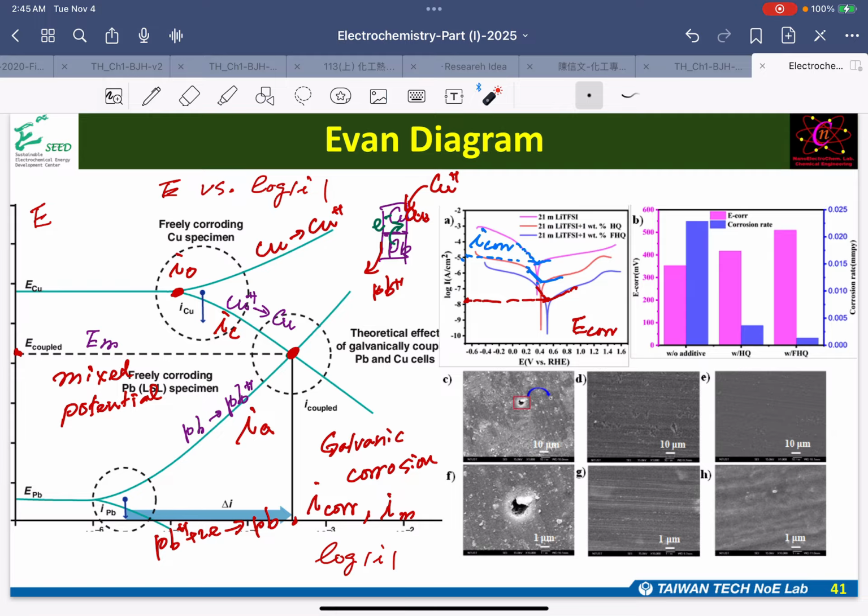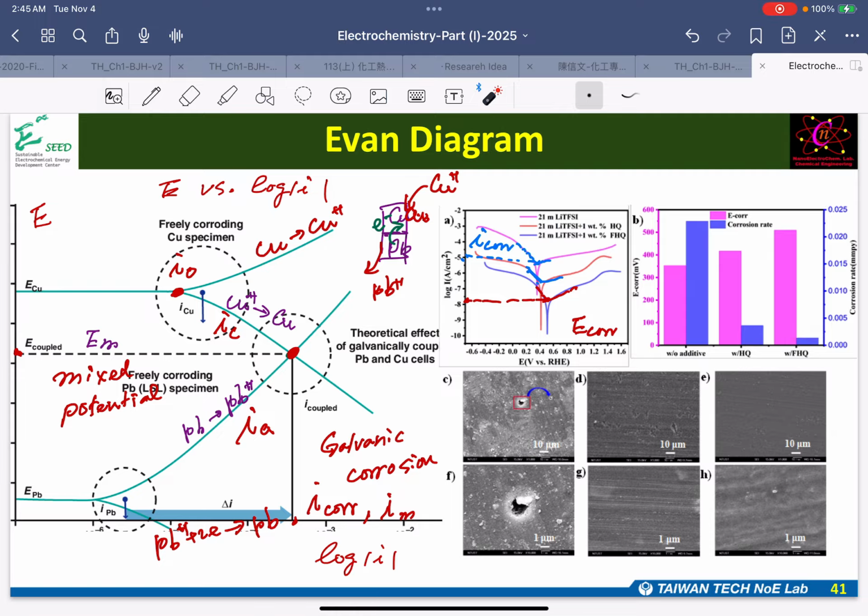So you can see from this summary, this is the corrosion current. The corrosion rate would increase here, and the corrosion rate would decrease here. This blue one is one corrosion case, and the pink one is another. So the corrosion potential is increased, but the corrosion rate will decrease.